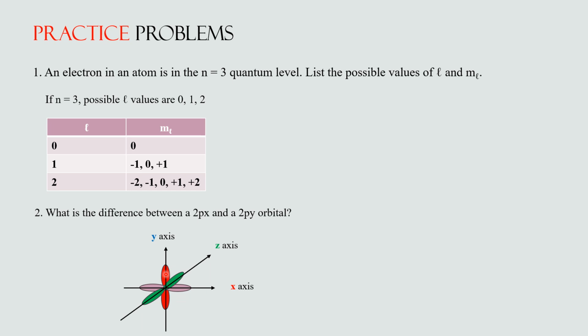If the dumbbell shaped p orbital is along the y-axis, we call it py. The p orbital along the z-axis is pz, and along the x-axis, px. So we use x, y, z to indicate the Cartesian axis.